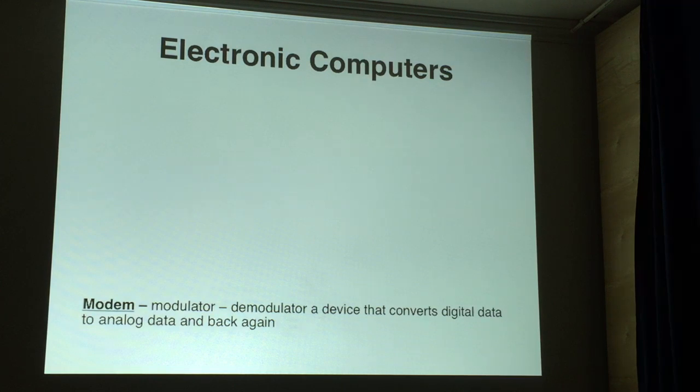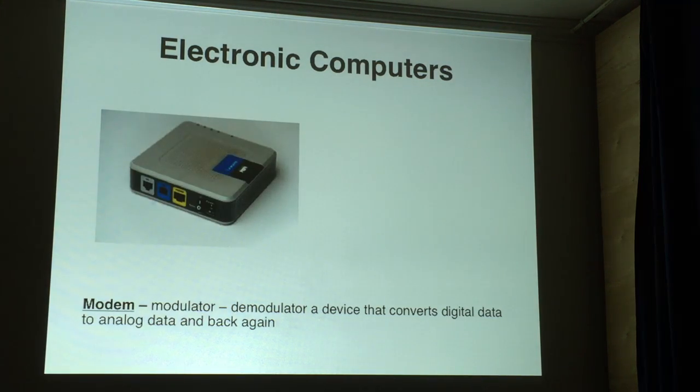It would make a series of noises that was part of the conversion of data from digital to analog and back. Then as it advanced, you were able to plug the telephone line directly into your computer without the handset, and then ultimately it became wireless.